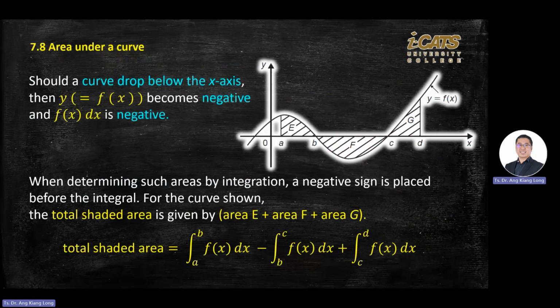This curve is called the function. You need to integrate to find E, a to b means this is the area of E. F is negative because it falls below the x-axis, so you need to write minus. Remember the limit is from b to c. b is below, c is further, so it's the upper limit.